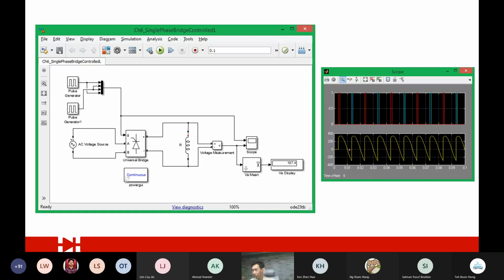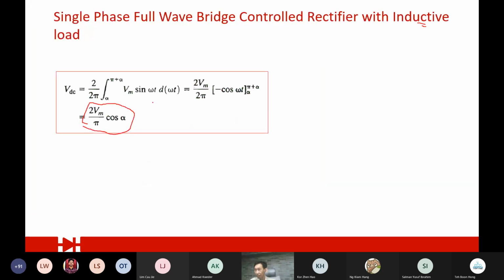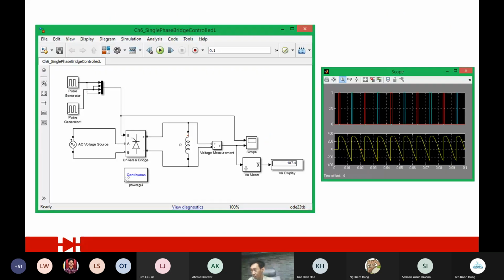Remember at the inductive load, the polarity will reverse. So it becomes like AC again. The zero is here, go all the way down. That is the reason why the Vm becomes multiplied by 2.